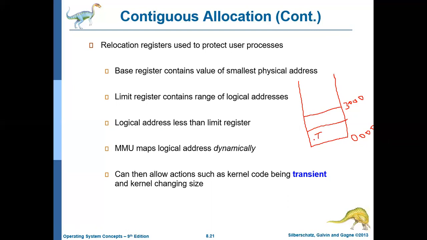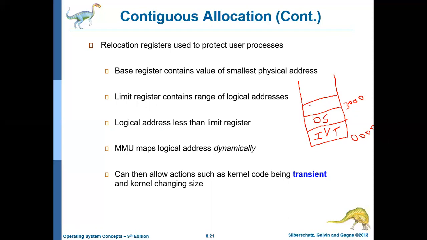Now assume that sometimes the operating system size may shrink and it may grow. The size of the operating system need not always be the same. It may change dynamically. Say, for example, the operating system wants to load one extra hardware driver, say a print driver.